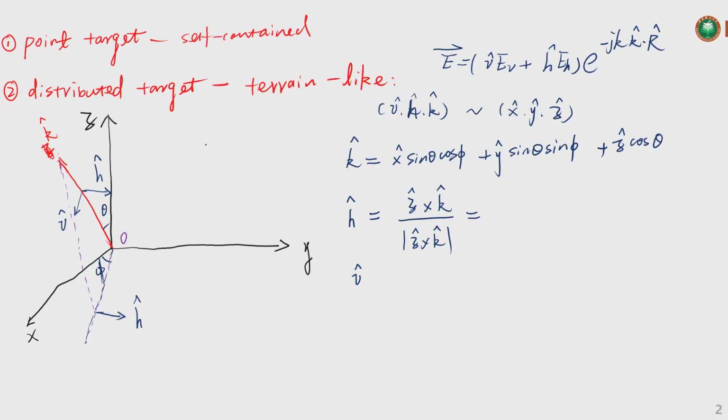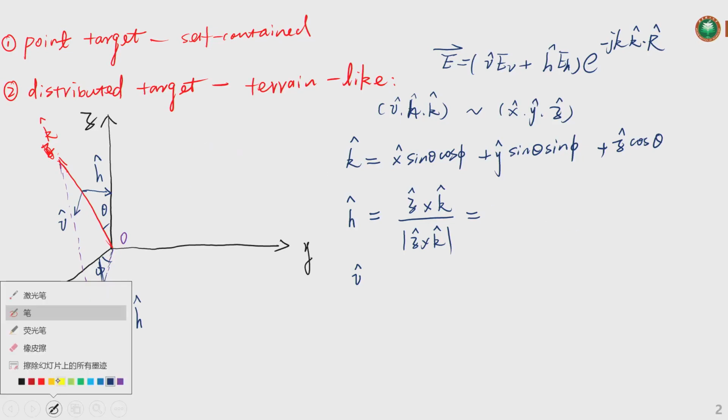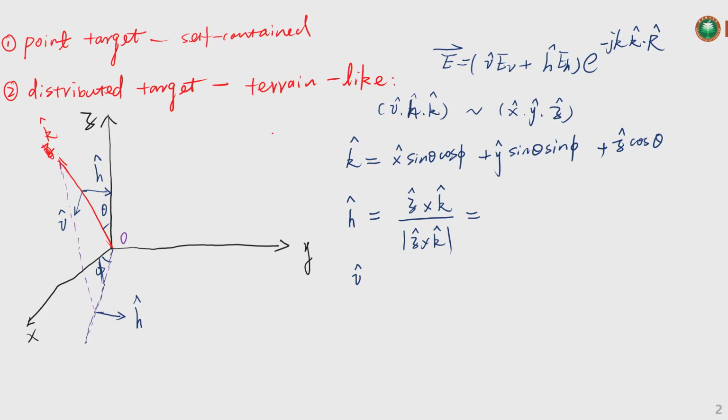Let's take it to a plane relation. For example, this is k, this is theta, this plane, and the direction of h is outside of this plane.